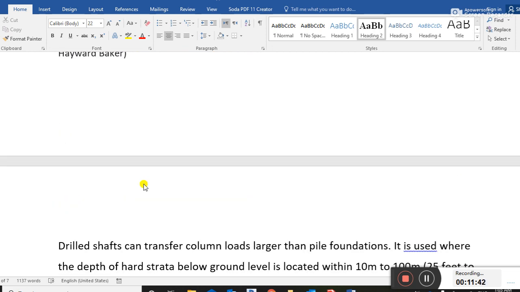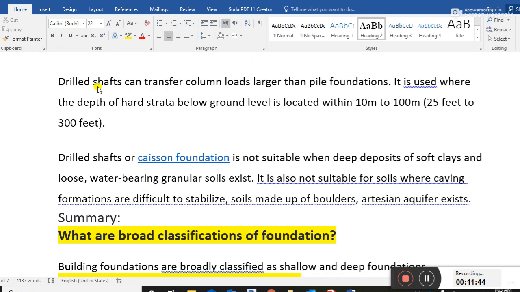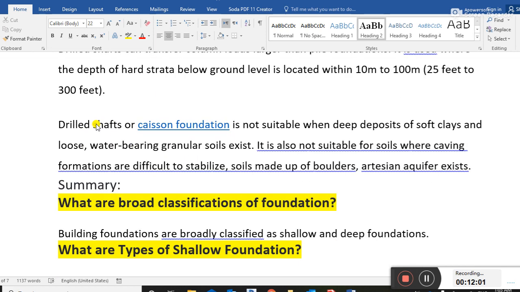This is the procedure. A drilled shaft can transfer column load larger than the pile foundation. It is used where the depth of hard strata below the ground level is located within 10 meters to 100 meters, 20 feet to 300 feet.